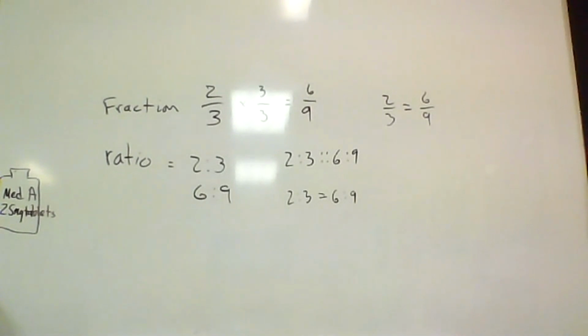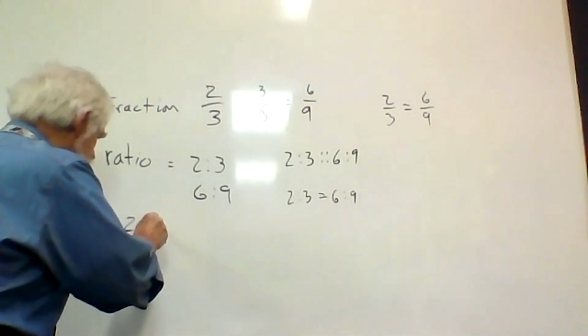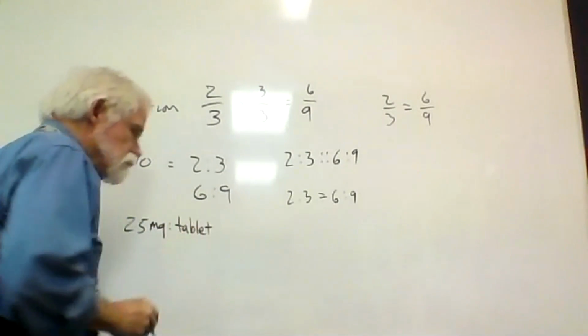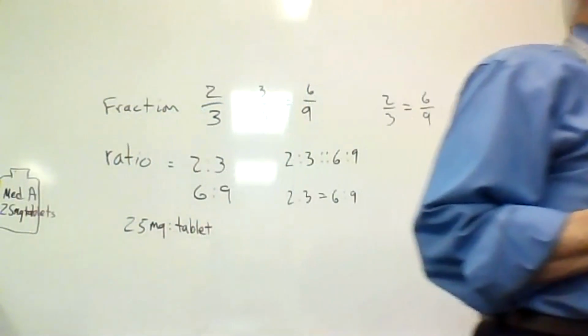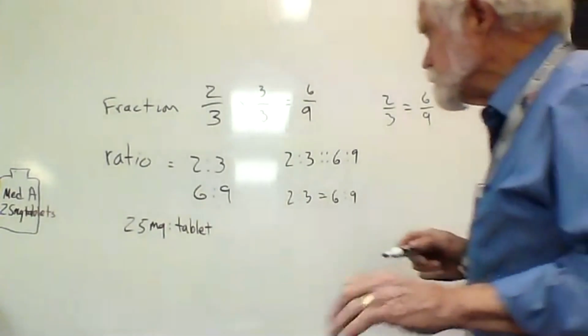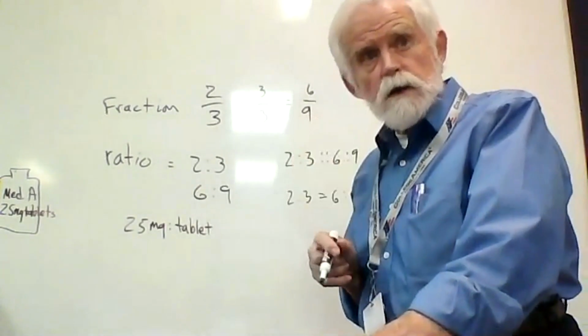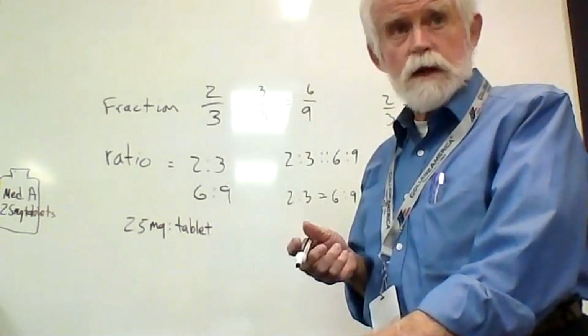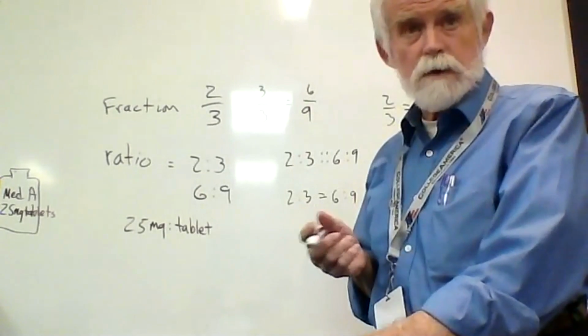Okay? So we can say 25 milligrams is to tablet. That's a ratio. So we're comparing each tablet. So if our dose is 50 milligrams, that's pretty obvious that then we have to take 2 25 milligram tablets.